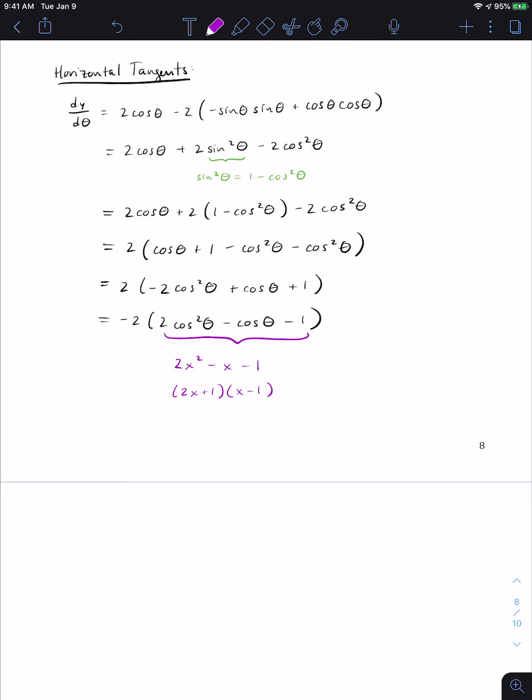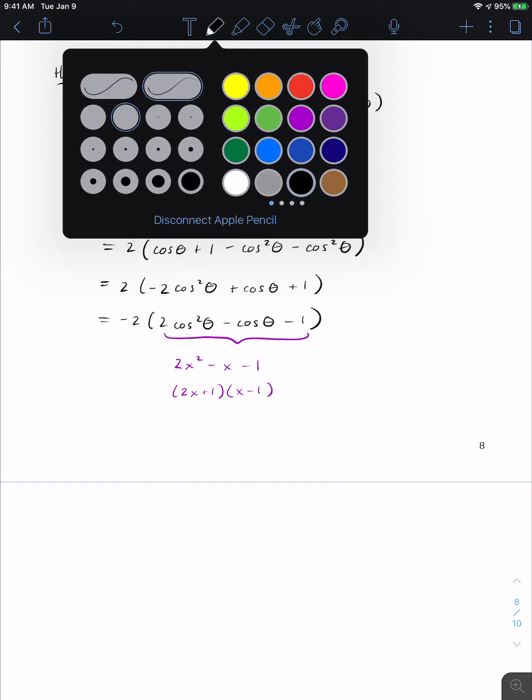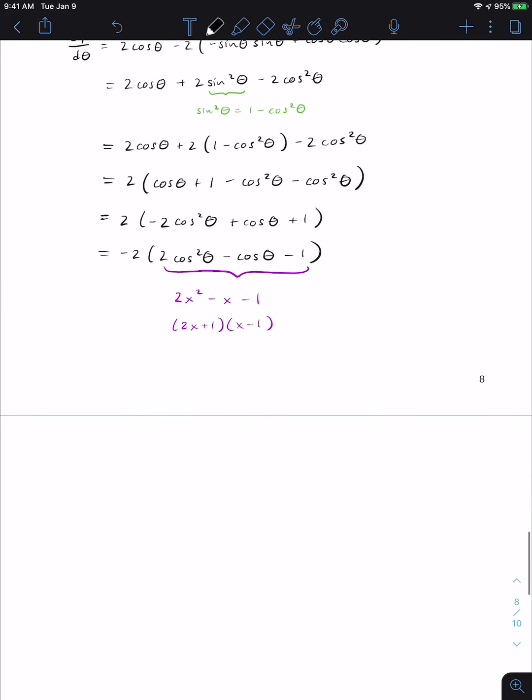So I could factor the cosine expression the exact same way, with cosine in place of x. In other words, I can factor this as negative 2 times 2 cosine of theta plus 1, and cosine of theta minus 1, right?